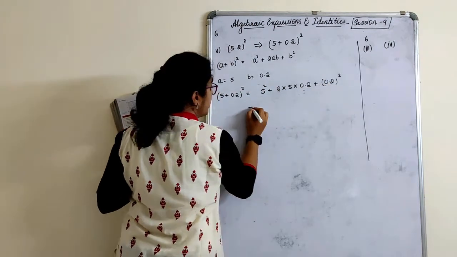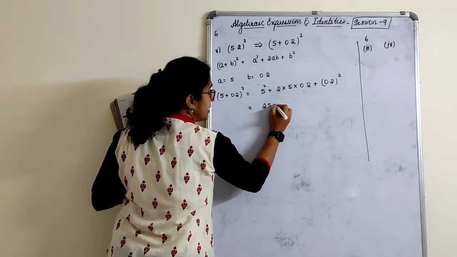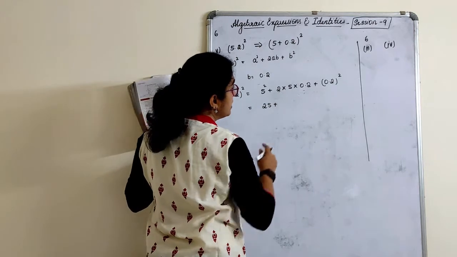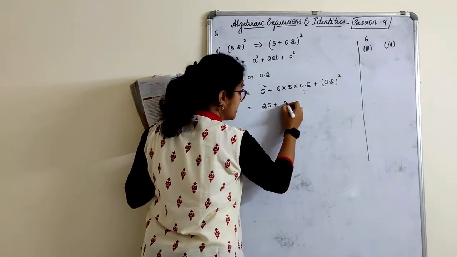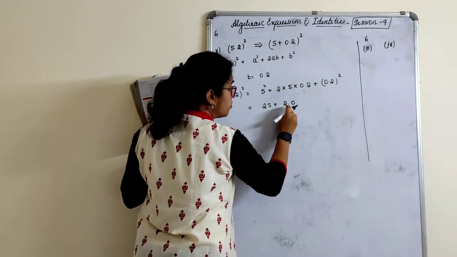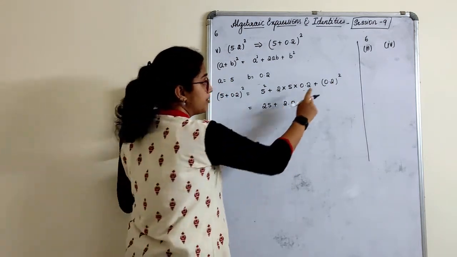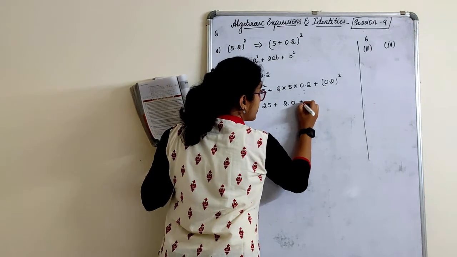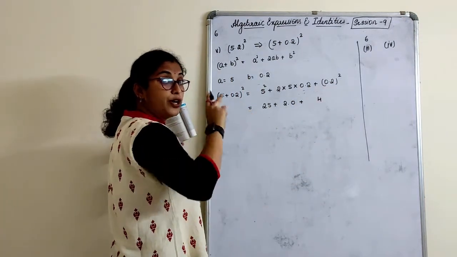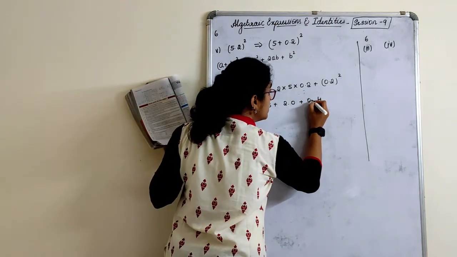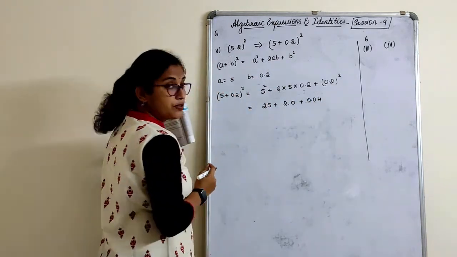5 5s are 25 plus 2 5s are 10, 10 2s are 20. 20 is nothing but 2.0, and 2.0 is 2 only, children. 2 square is 4, and with the decimal after 0.2, decimal after 2, it is 0.04, right?